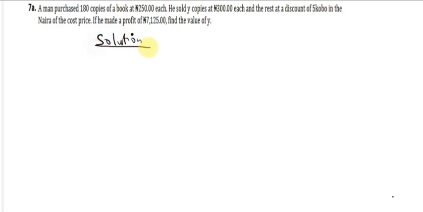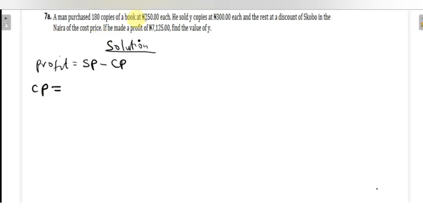Okay, so first of all, we're going to see that profit is equal to selling price minus cost price. So first of all, let's calculate the cost price. The cost price is going to be equal to the cost of one book, which is 250 naira, and he bought 180 copies.